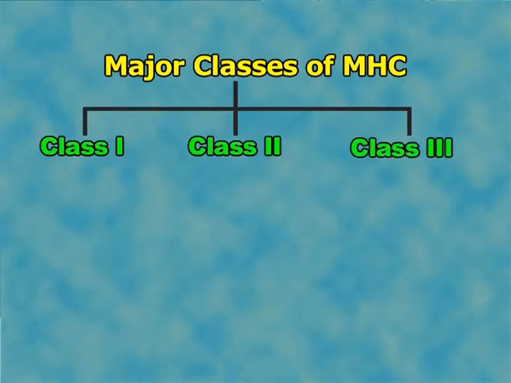About half have known immune functions. Class 3 functions very differently from class 1 and class 2, but its locus occurs between the other two classes on chromosome 6 in human.